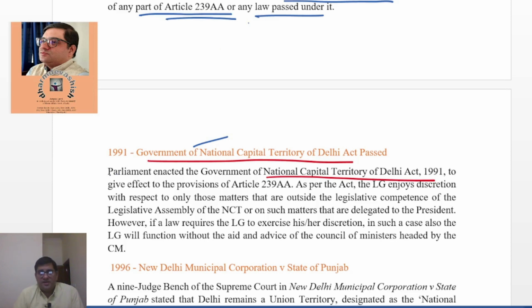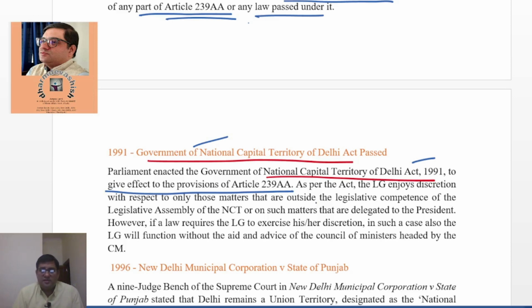So as I said earlier, Article 239AA is the governing paradigm, and the Government of NCT of Delhi Act is functioning within the shadow of Article 239AA. Now Parliament has enacted this Act, and why was it done so? To give effect to the provisions of Article 239AA. As I said earlier, Article 239AA is the main structure in whose shadow the Government of NCT of Delhi Act is functional.